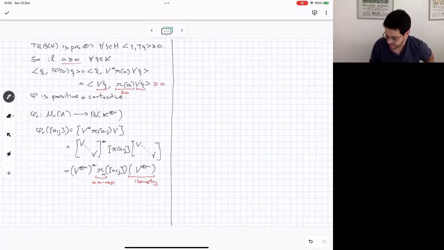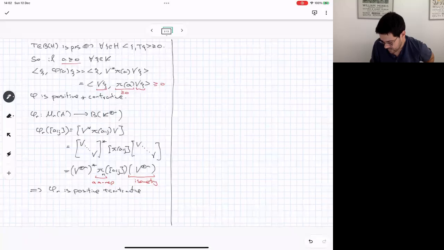They're of the same form. So from the same reasoning as before, phi n is positive and contractive, and this was true for any n, right? So phi is UCP plus UCC.